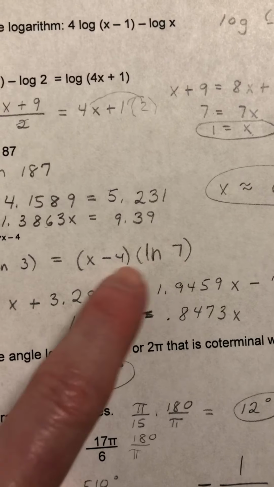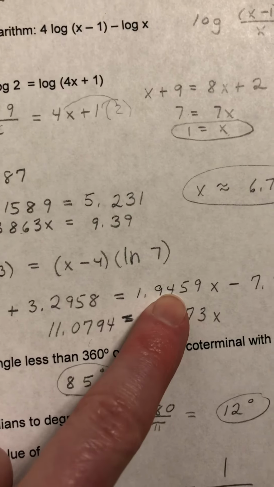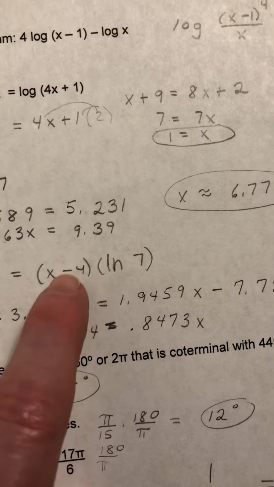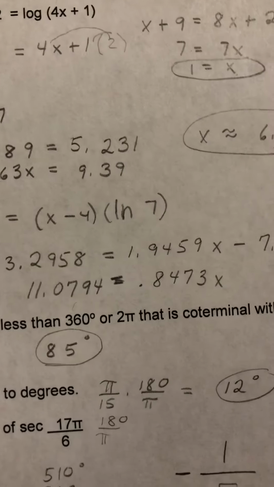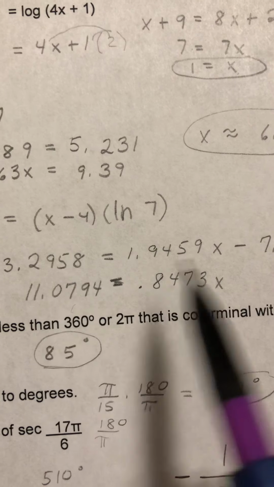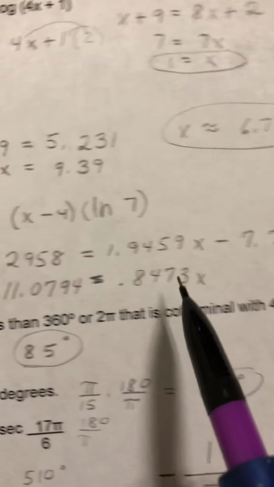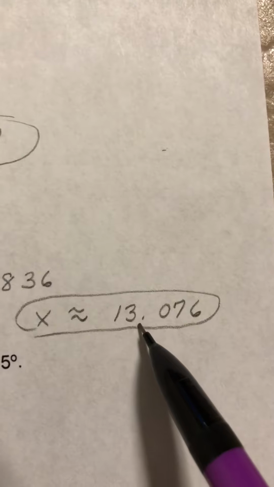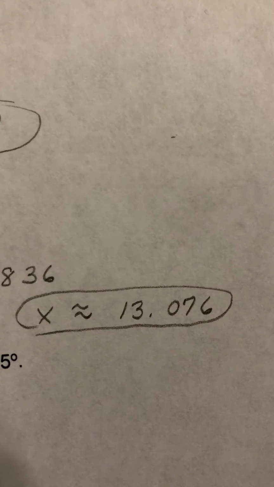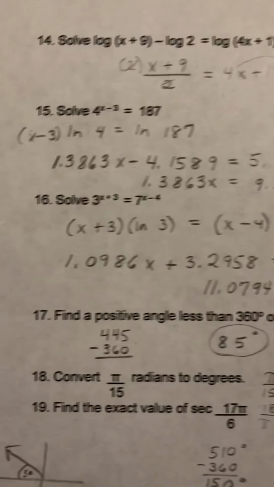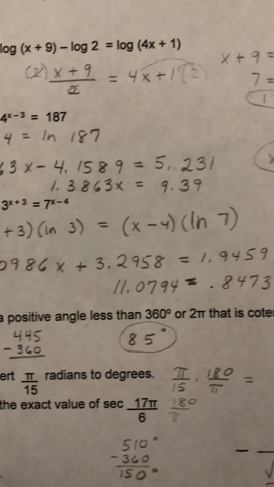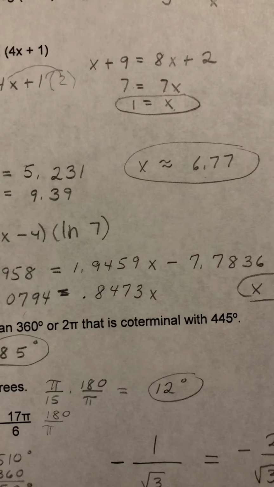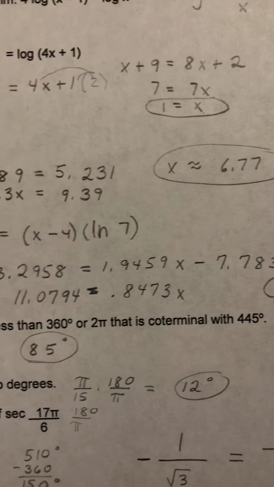The natural log of 7 times x is this. The natural log of 7 times 4 is this. Then divide this by this. And that's how I get 13.076.